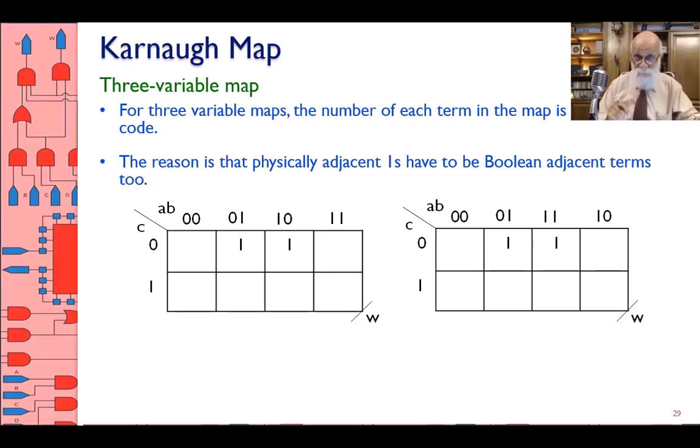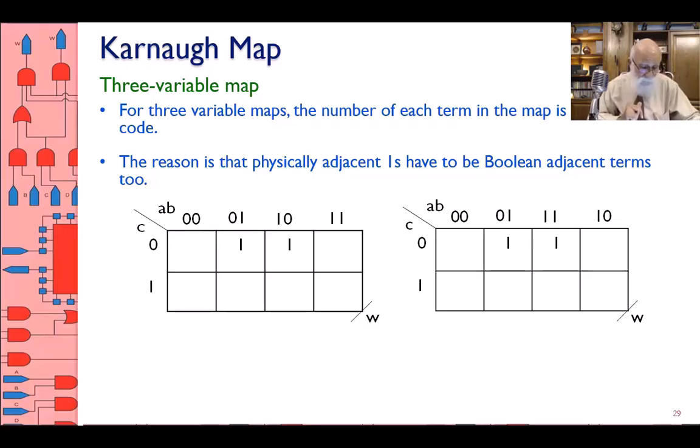So let's go up one and talk about three variable maps. In three variable maps, maybe my definition of adjacency will be modified or revised, not completely changed. And also, let's see how we form our tables.